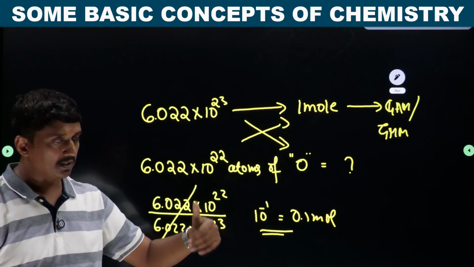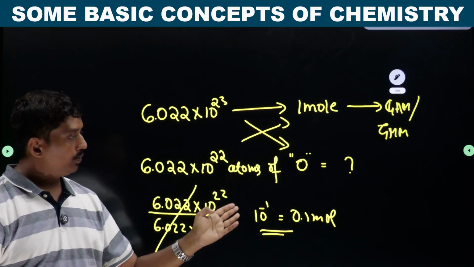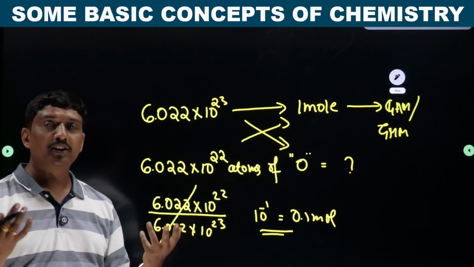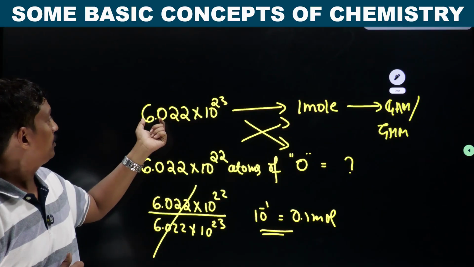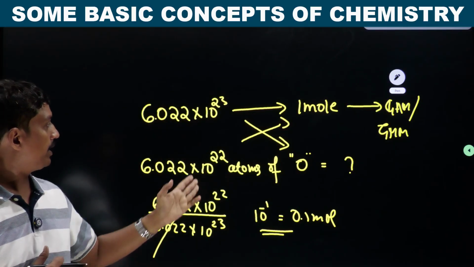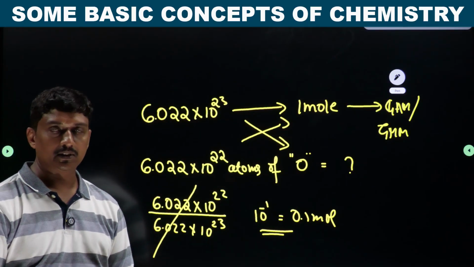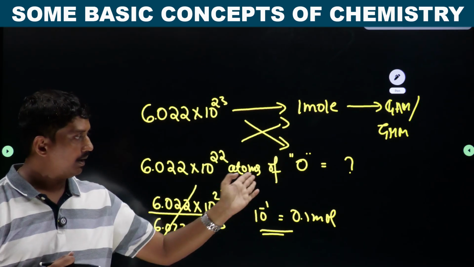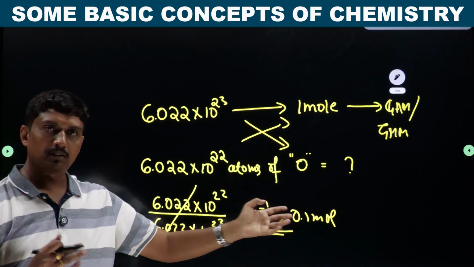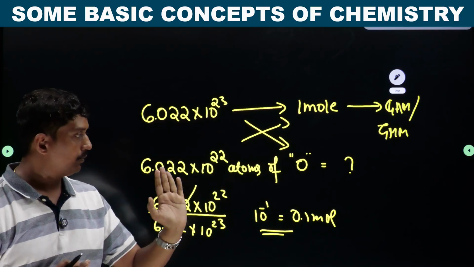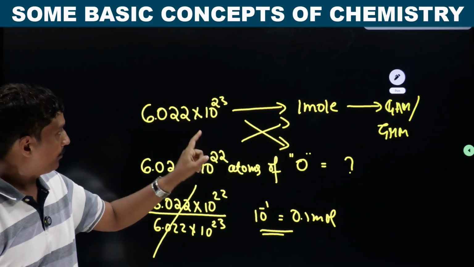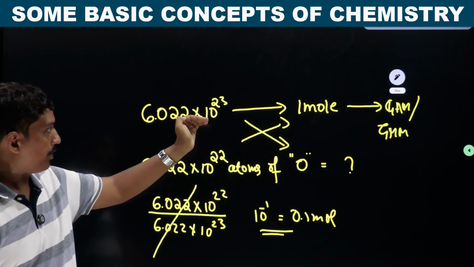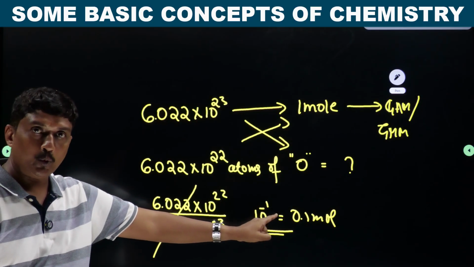Now this can be extended further. So you got the moles. If I ask what is the mass of 6.022 into 10 to the power 22 atoms of oxygen, mass can be calculated directly, or by using this method. First, the number of particles should be converted into moles.